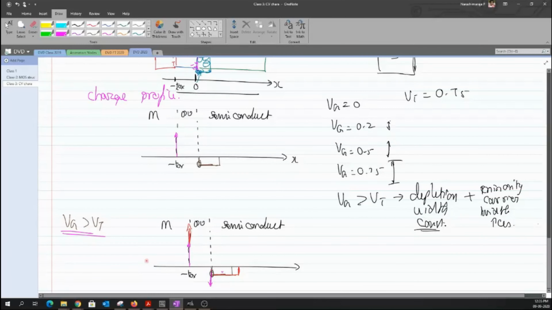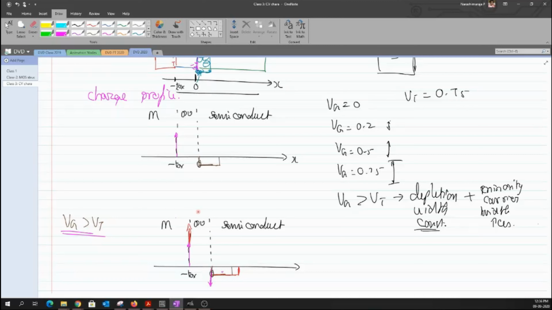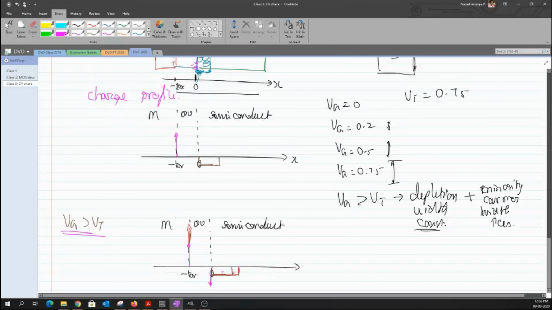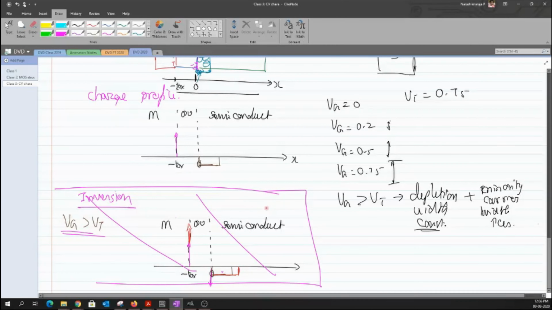Again, the rule is that however much charge I have on one side, the same equal and opposite amount of charge has to be available on the other side of the oxide, okay? That's the reason why we have this kind of profile when we are in the inversion region, okay? But for the current discussion, this region we will not consider. So we'll just wind up this particular thing. If you have any doubt in this picture, you can just ask me.